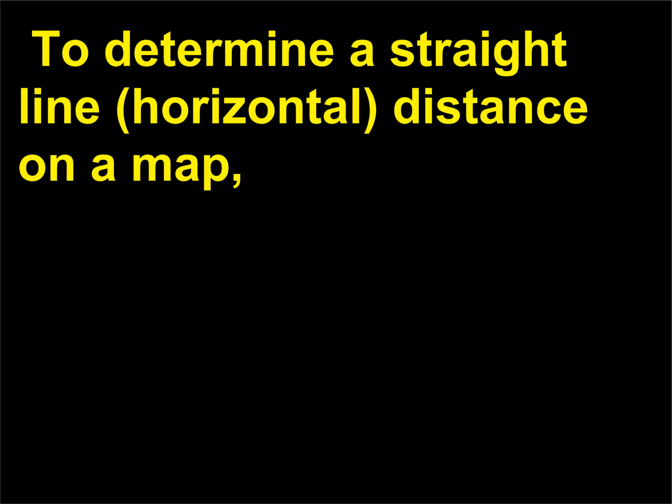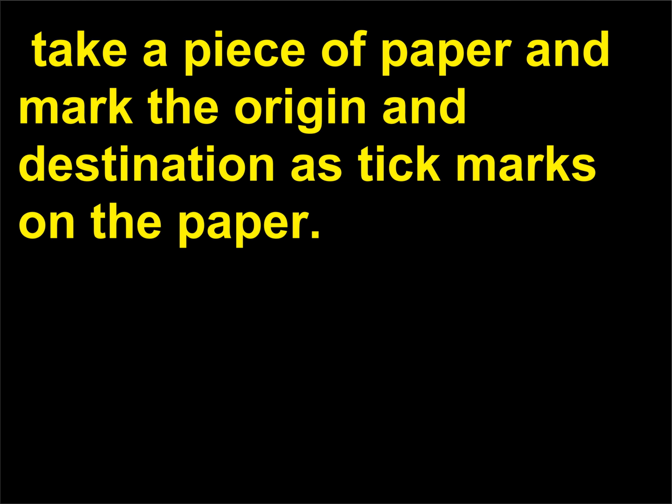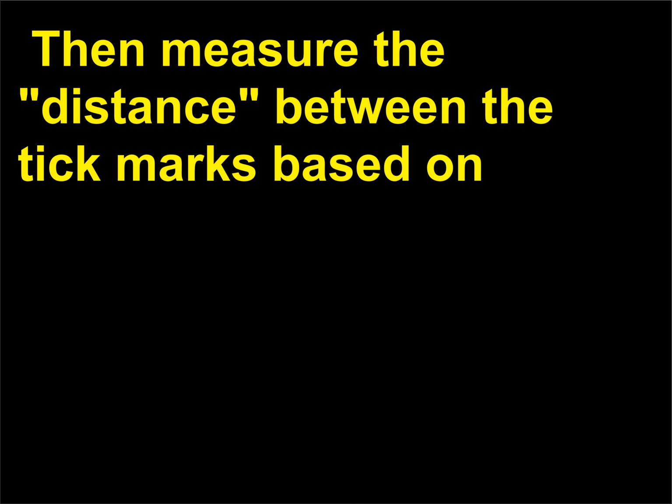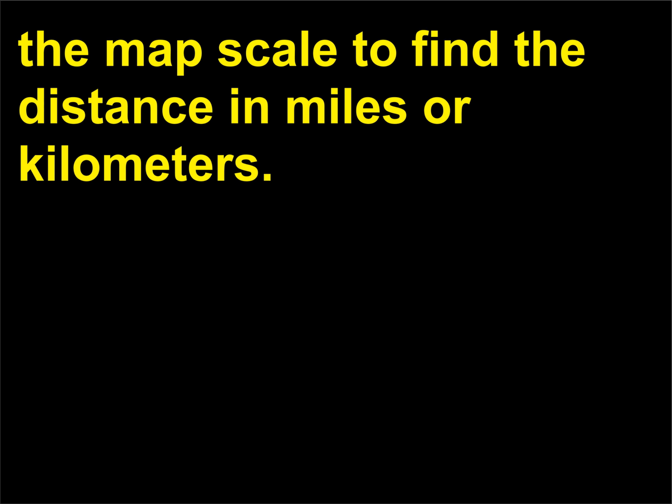To determine a straight line, horizontal, distance on a map, take a piece of paper and mark the origin and destination as tick marks on the paper. Then measure the distance between the tick marks based on the map scale to find the distance in miles or kilometers.